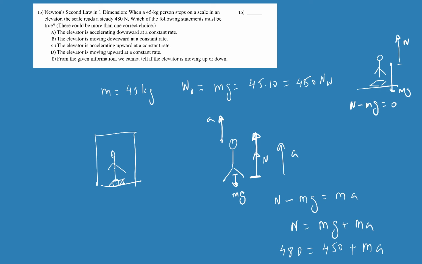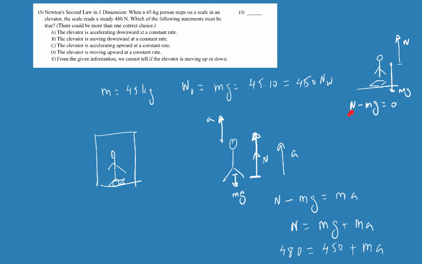Well, there is a normal force going up, positive n, and a weight mg going downwards, negative mg, and the total force is zero because the guy of 45 kilograms is not accelerating upward or downwards. So because the acceleration is zero, the mass, 45, multiplied by the acceleration zero will be zero.